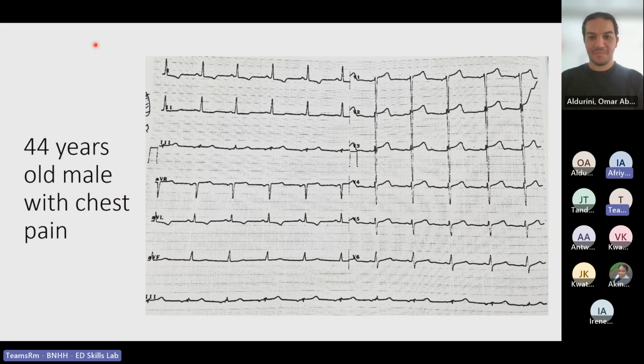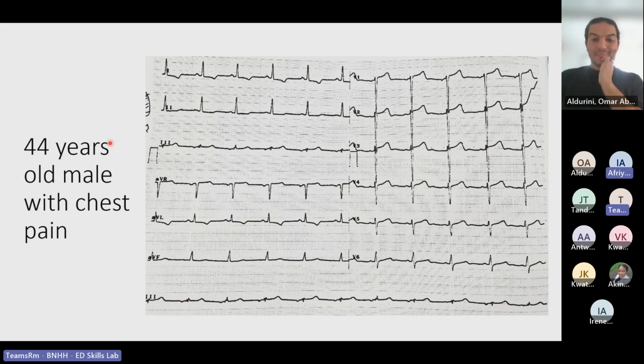Okay, so looking at this ECG, I think I can see some ST elevation in V1, V2, and V3, and V4 as well. Good.